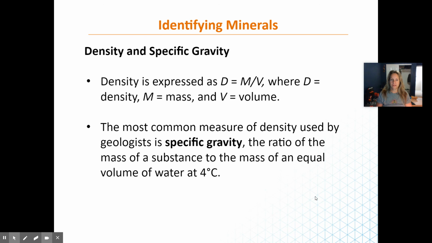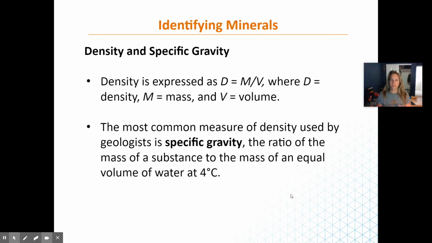All right, and then here it is. So M is mass, V is volume. So density right here is equal to mass divided by volume. And we use that to tell specific gravity. So specific gravity is just that ratio of mass to an equal amount of water, and that would be the specific gravity.